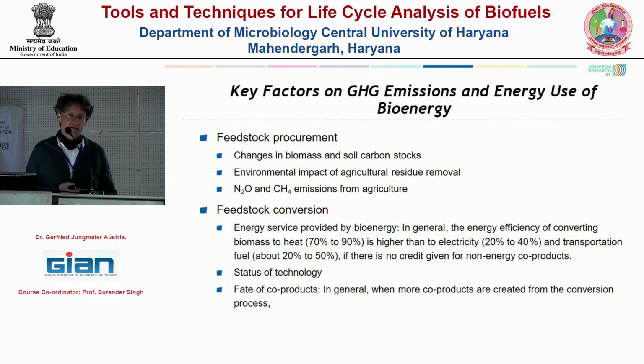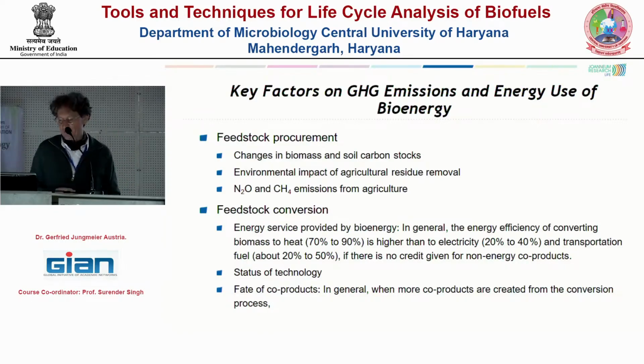Status of technology. Of course, there are different technologies. You define in your goal and scope which year you're doing your analysis, and normally for this year also the state of technology for this year. So if you make an LCA for a future technology, you also have to assume specific things for future technologies, which is especially in an emerging area like lignocellulosic bioethanol quite relevant to specify the state of technology in future, because it's not commercially available today on bigger scale.